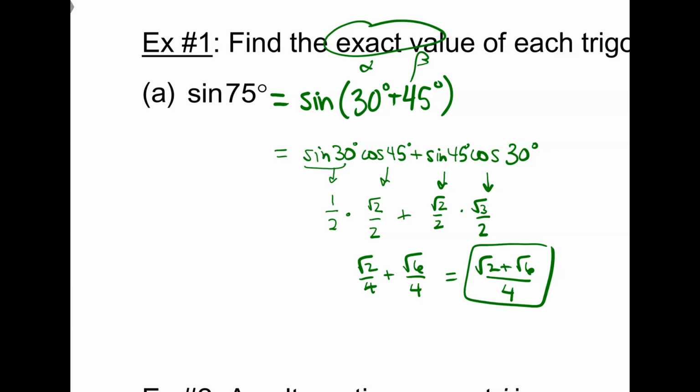I'll give you a sec. Think about what bothers you, what troubles you. If you're done with this one, start working on the next one. Think to yourself, what two angles would add up to this 11 pi over 12?